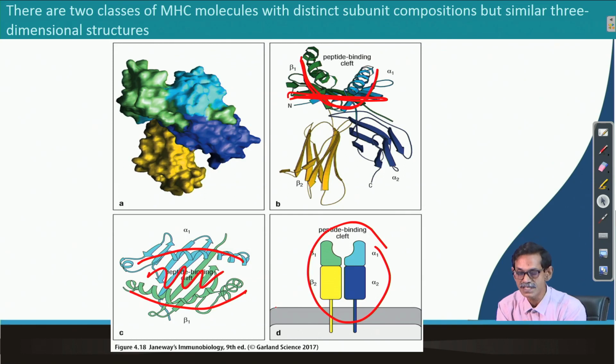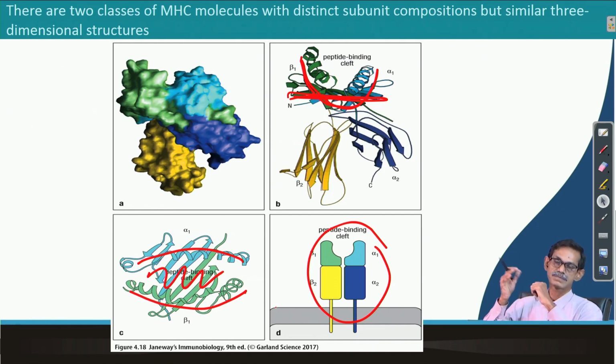Only thing, if I see this cartoon, then I can see that this is not exactly the same as MHC1. Crystal structure is very, very important to know all these details. But crystal structure determination is one of the toughest things. Even today, with so much advance in crystallography and data structure analysis, it's still very, very tough.